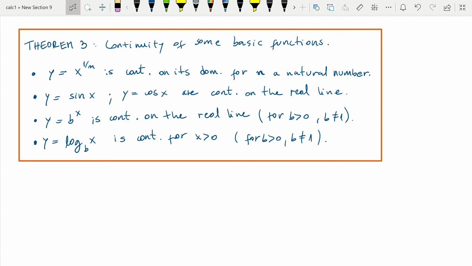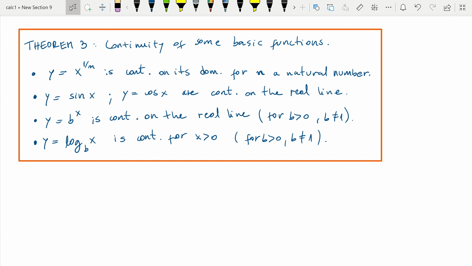Sine and cosine, which is a fact that we used in one of the previous examples, are continuous in the real line. Exponential functions b to the x, where b is greater than 0 and b is not equal to 1, are also continuous on the real line. And the log base b of x is continuous for x greater than 0, for b greater than 0 and b not equal to 1.